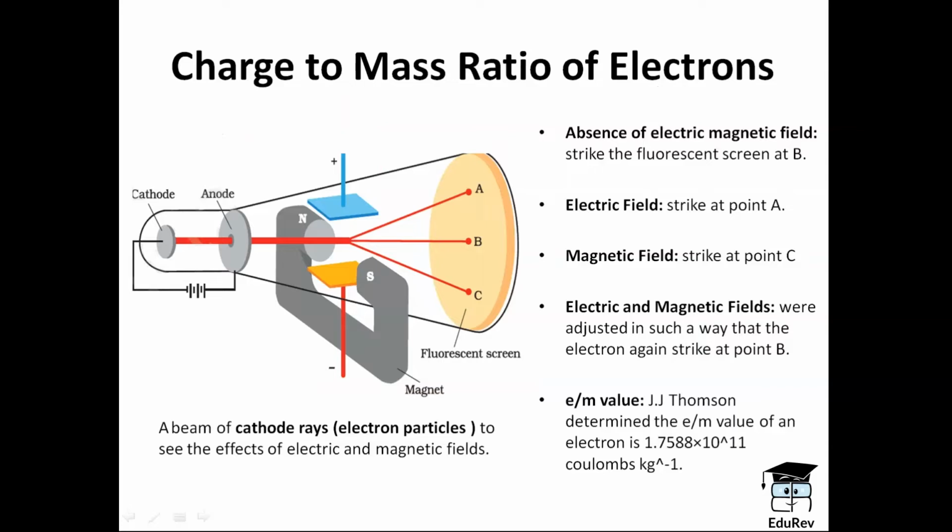J.J. Thomson applied electric and magnetic fields perpendicular to each other. Here are the plates which led to the establishment of the electric field. The poles of the magnet, the north pole and the south pole, led to the establishment of a magnetic field.